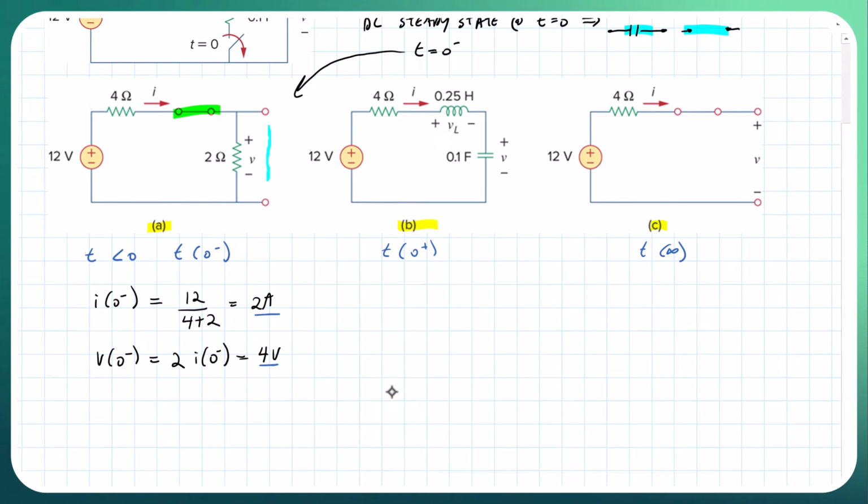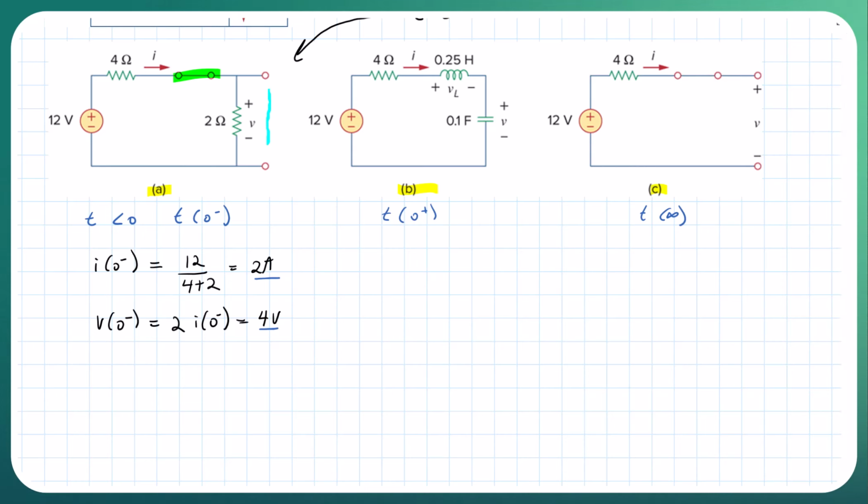Okay, so let's go ahead. We've known this from the previous chapter. Both inductor current and capacitor voltage cannot change abruptly.